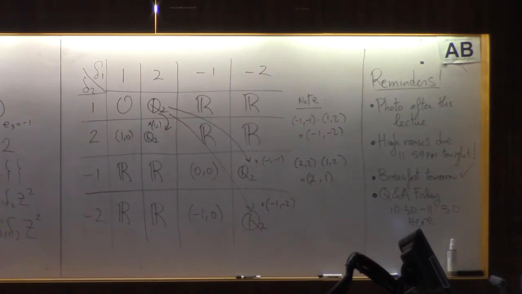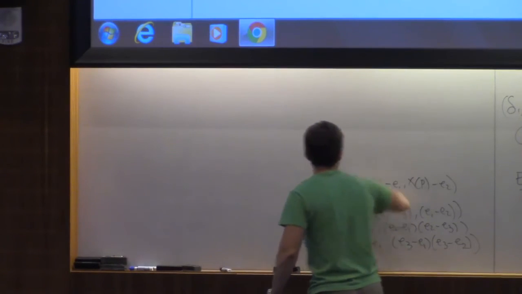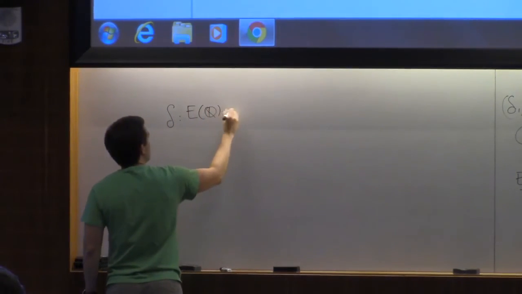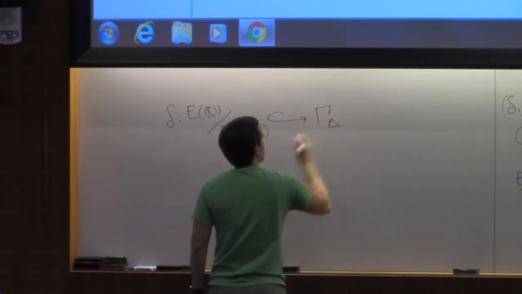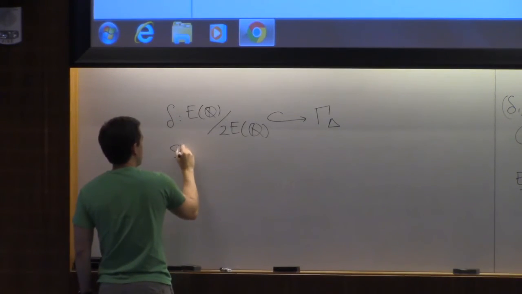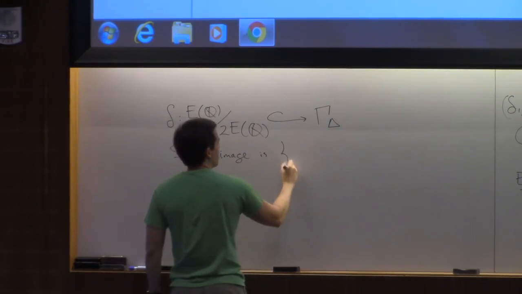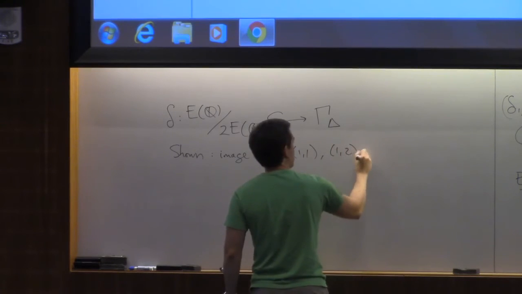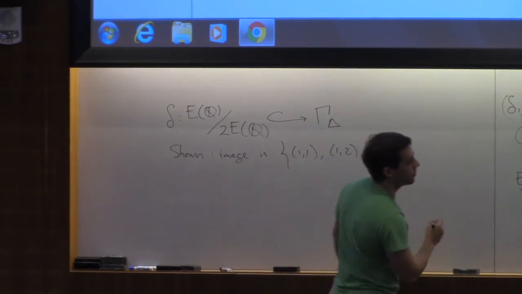So what the math tells me is that delta tells me that EQ modulo 2EQ injects into this gamma, and what I've shown is that the image is 1, 1, who survived 1, 2, -1, -1, and -1, -2.